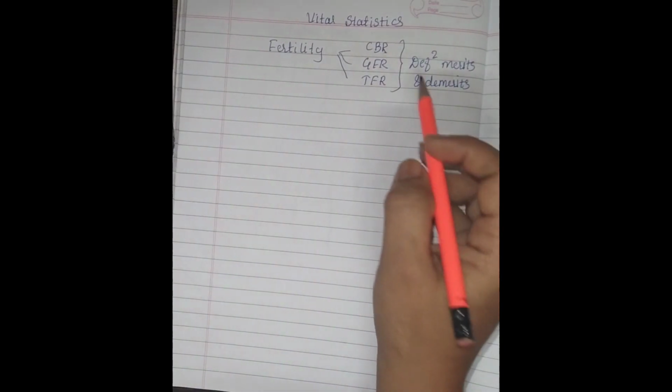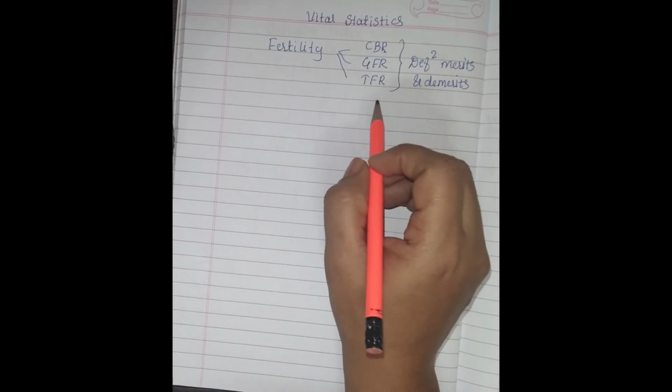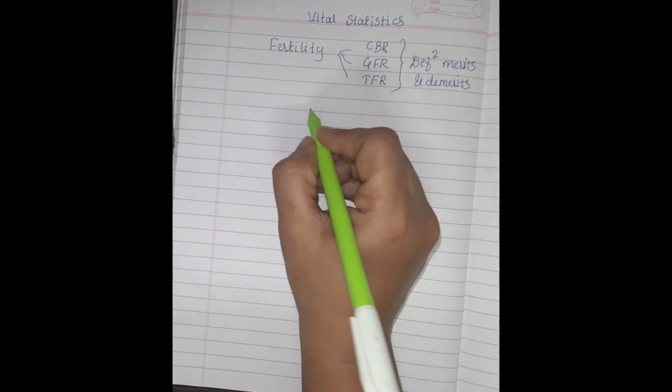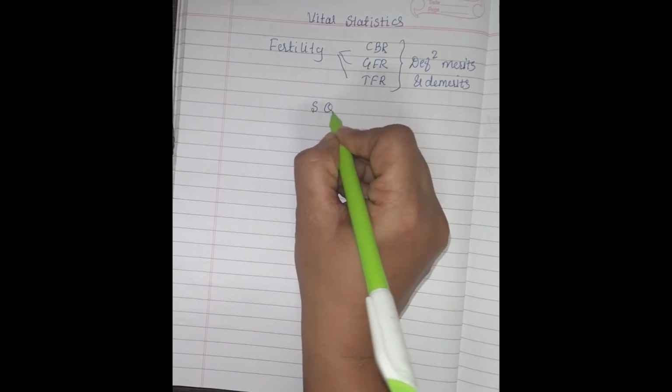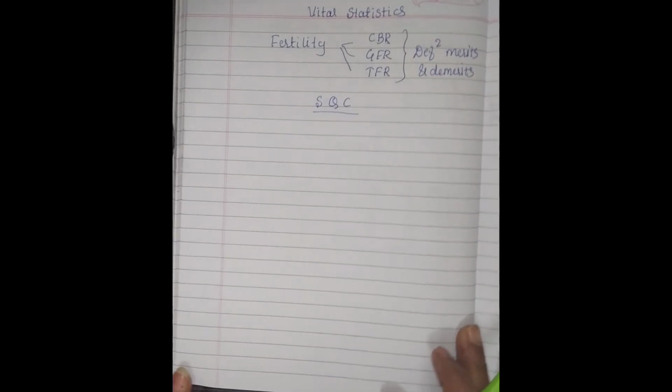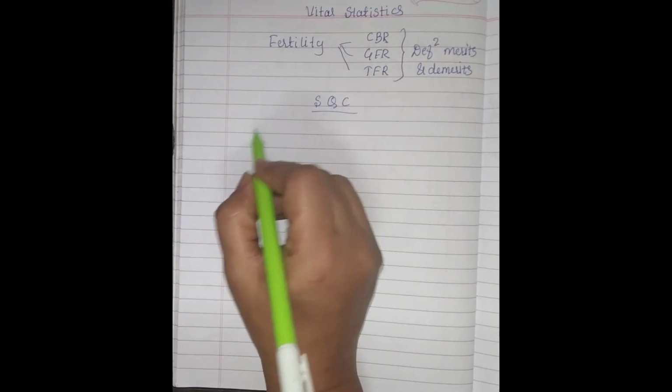Okay, this is vital statistics, but you have to compulsorily do all the definitions and the practical problems. Then statistical quality control. In statistical quality control, just go through all the definitions: what is SQC, uses of SQC and all.